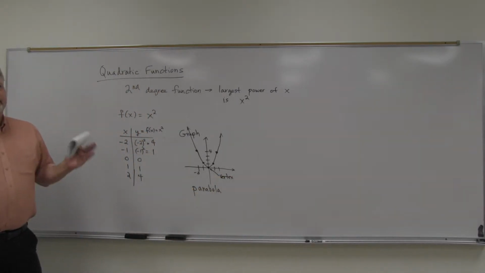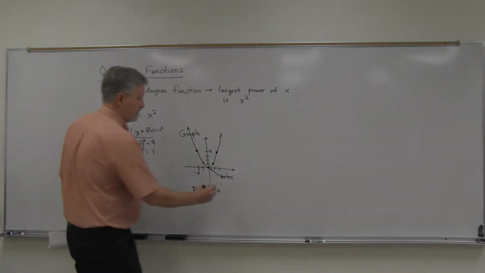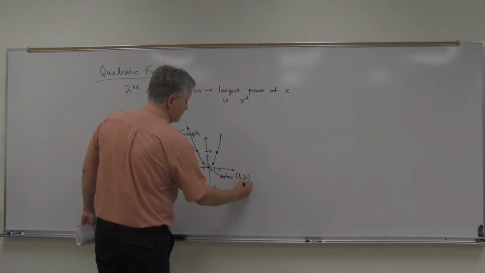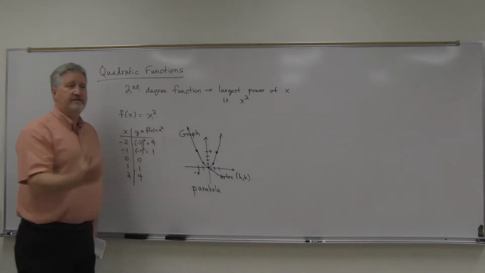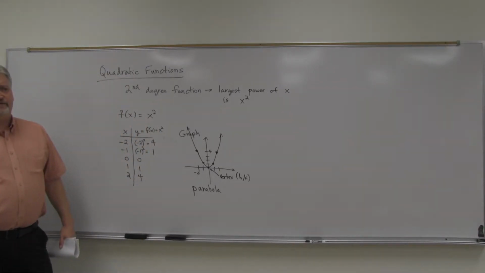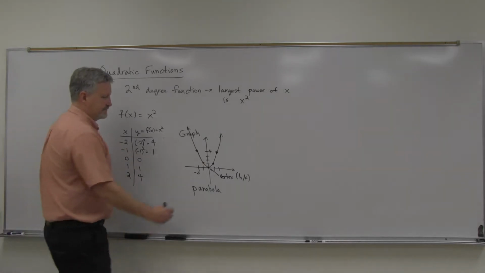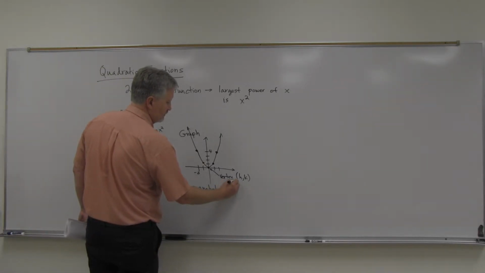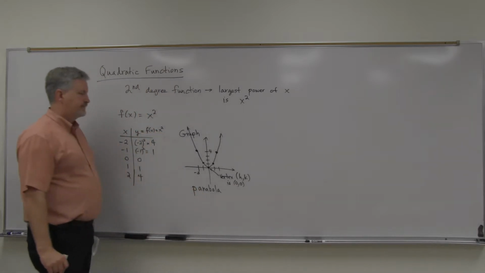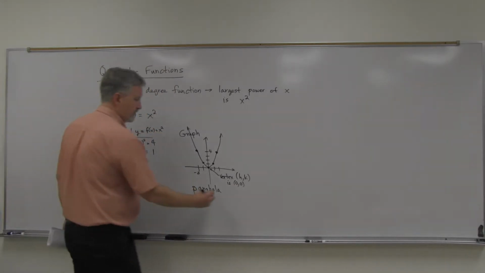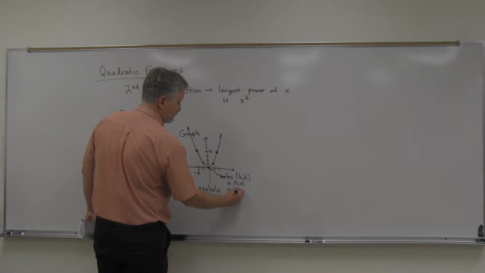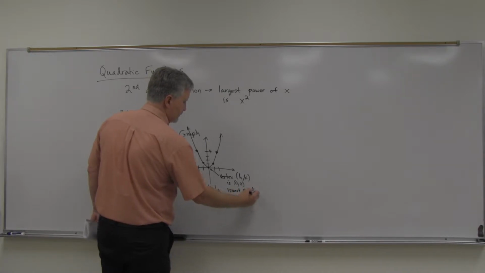And the vertex on quadratic functions, if we don't know what it is, in general we just call it h comma k. The h is the x of the vertex, and the k is the y of the vertex, and that comes up later on, so that's why I'm telling you now. But here the vertex is just 0, 0. And it's a lowest point in that particular case.